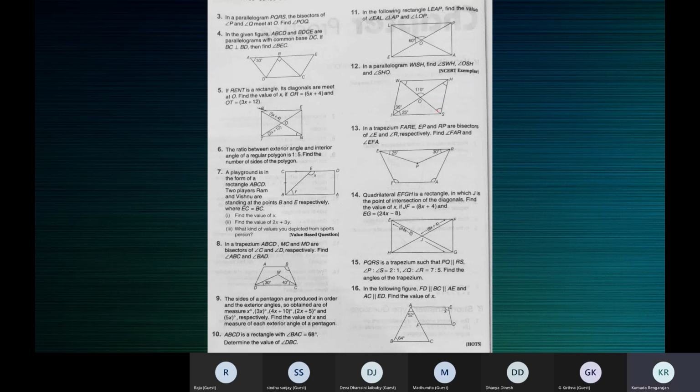Now, supposing we have to find OSH without using this SHO, that is, we have to find in the order. First, we found SWH. Now, if you have to find OSH before finding SHO, how will you find OSH?